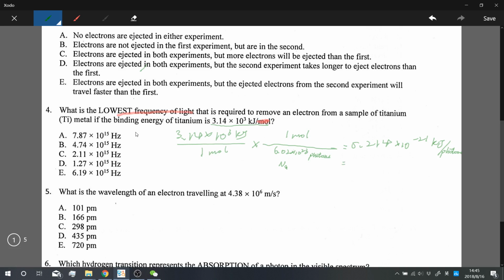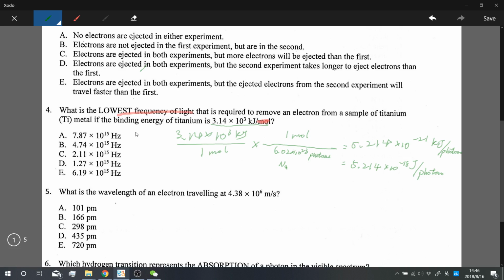And if you're fine with math, you should be able to get quickly that this is exactly the same thing, but 1,000 times joules per each photon. And so there is a formula on your formula sheet.